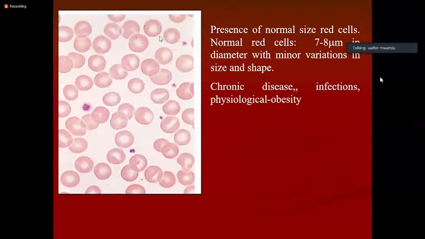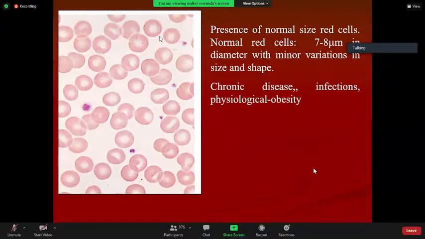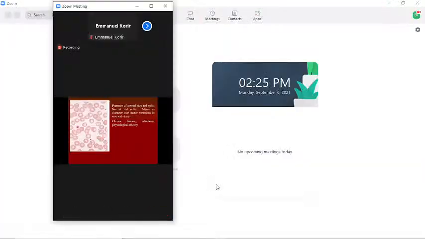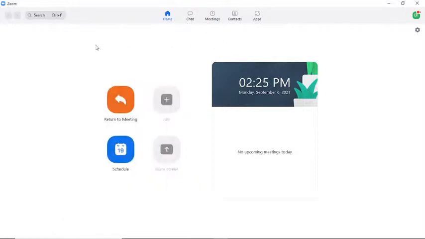The cells are almost the same size as the small nucleus of the lymphocyte. But there are minor variations, which are basically acceptable.